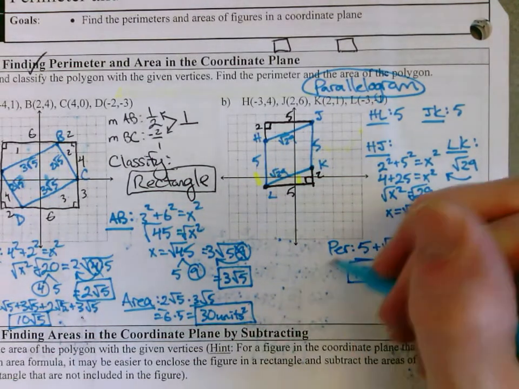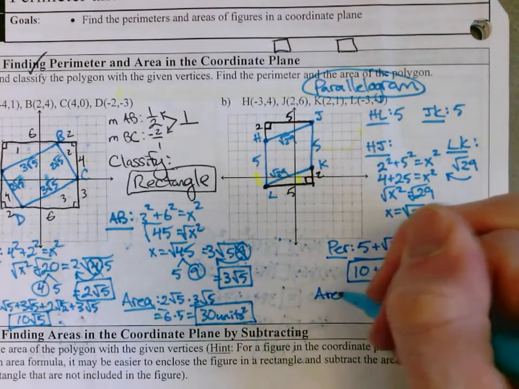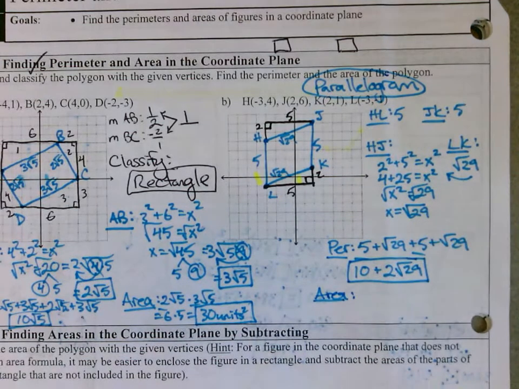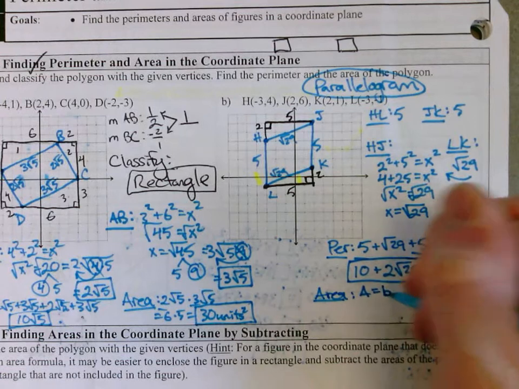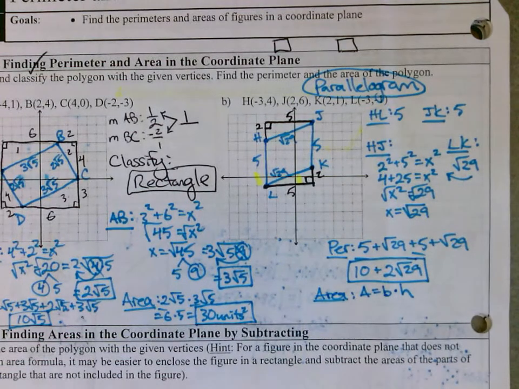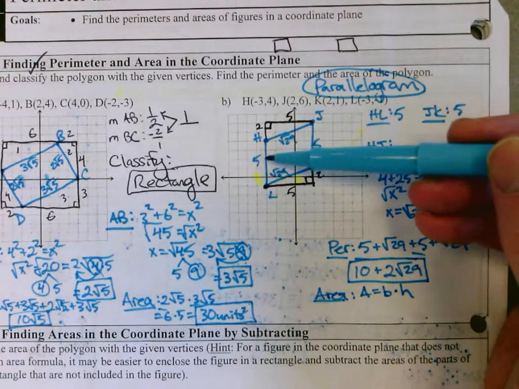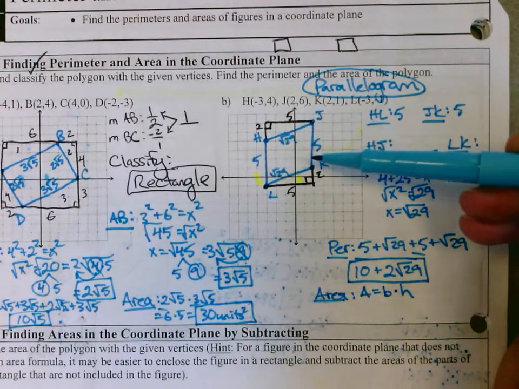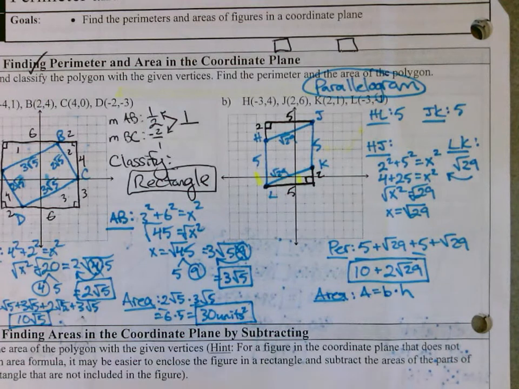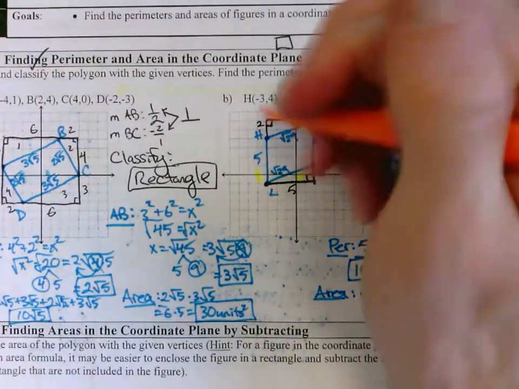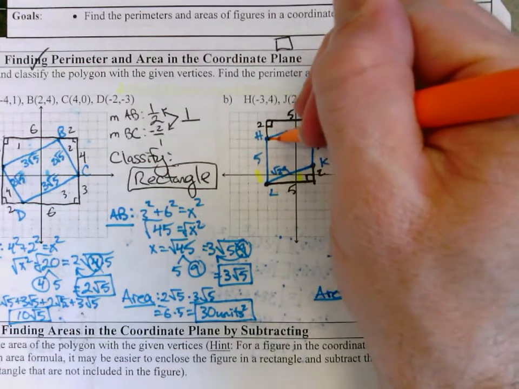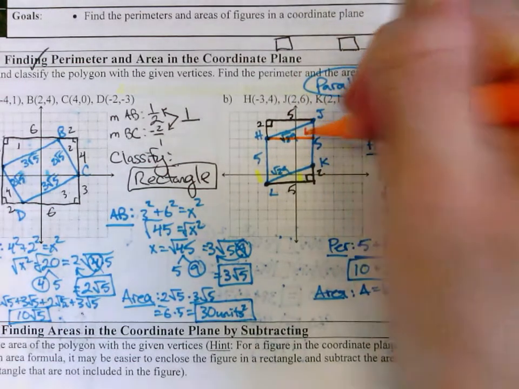And now for area. This is a parallelogram, and we know that the formula for that is area equals base times height. The base for this parallelogram is going to be 5. I know it's standing up and down, but you could always rotate your paper. And the height, keep in mind, is the length from base to base. So my height I'm going to draw in orange.